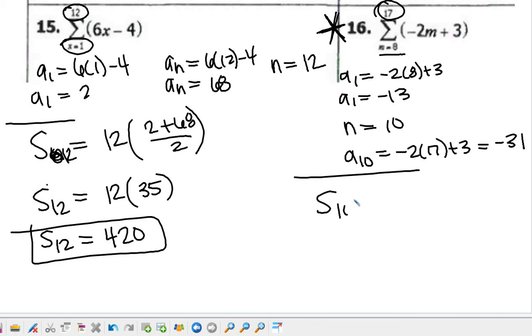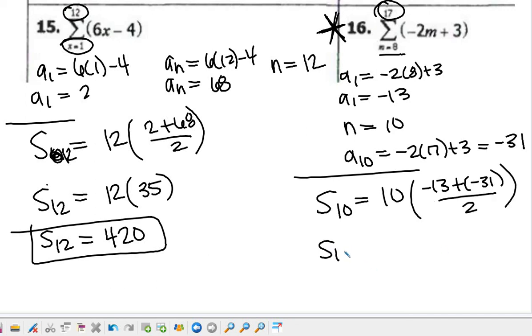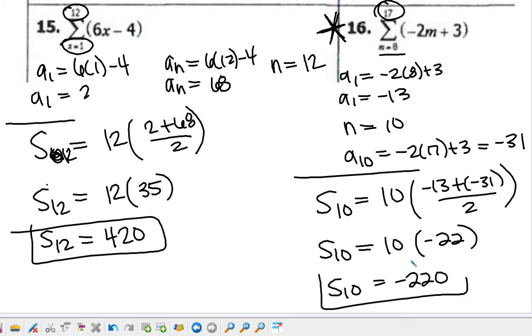So my S sub 10 is equal to 10 times my first term plus my last term, divided by 2. So S sub 10 is equal to 10 times negative 44 over 2, negative 22. So S sub 10 is negative 220.